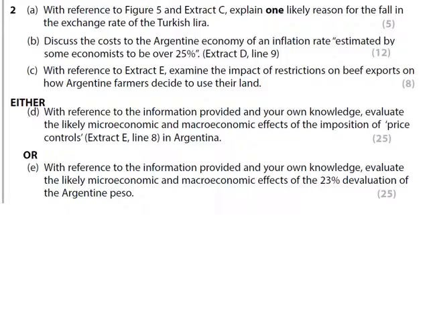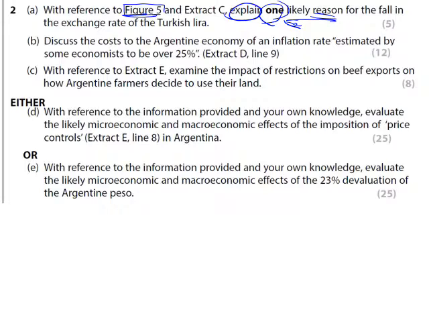So the first question is an explain question. Reference to figure 5, so we know there's some data that will be the key application for that question. One likely reason, so only one reason needed for this question, and when it says one, you don't need to define in this question.